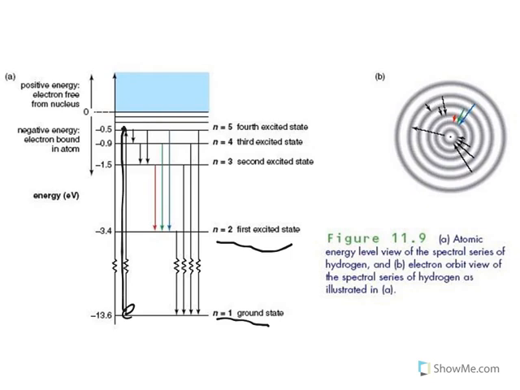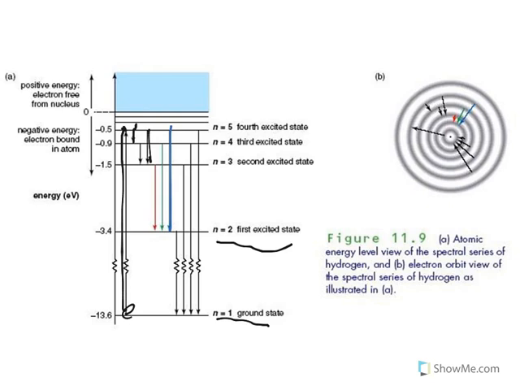That's the fourth excited state, n equals 5. There are a few different pathways for it to get back down, so you could see a few different colours. When it's up here, it could just drop to this next one, or it could drop to the second one, or it could drop all the way down here, which was blue. Let me change to blue down here.